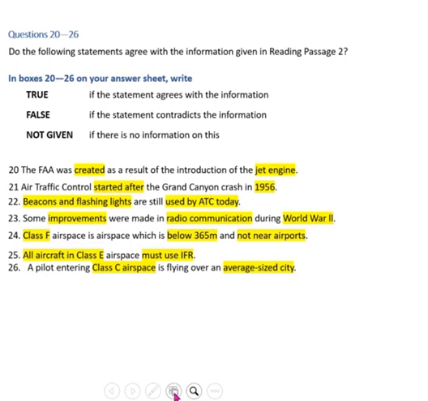True means that the statement in the question agrees with the information in the passage. False means the statement contradicts the information in the passage. Contradict means it's the opposite meaning. Not given means there is no information on the statements. That is, the statement in the question has no basis in the paragraph.